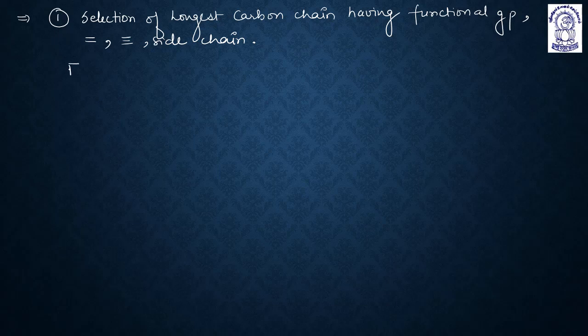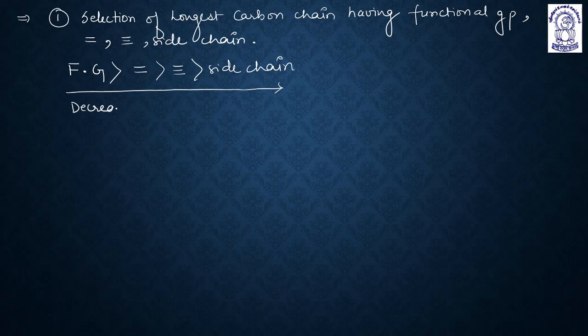The order is, if everything is present, then functional group will be given the most priority, then double bond, then triple bond, and then the side chain. Understood?